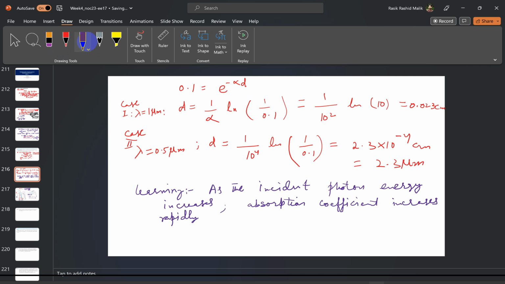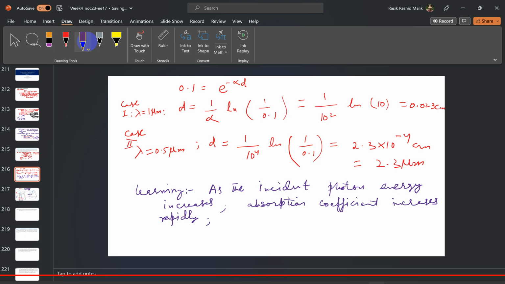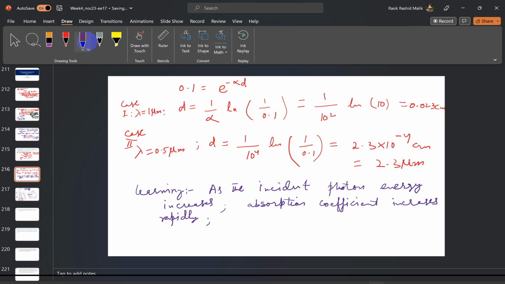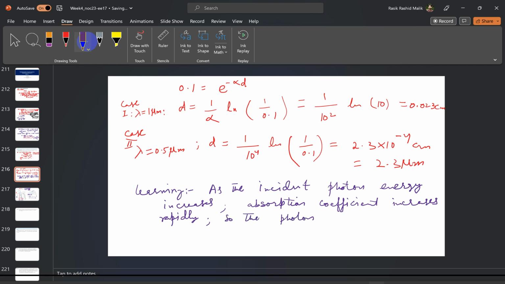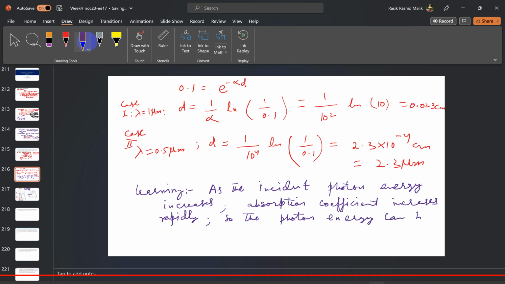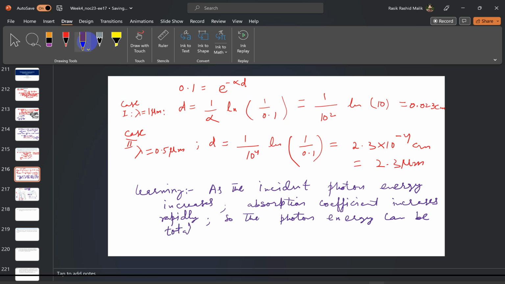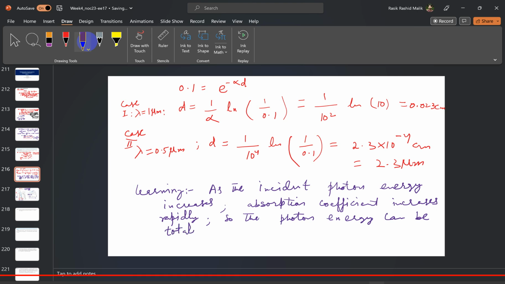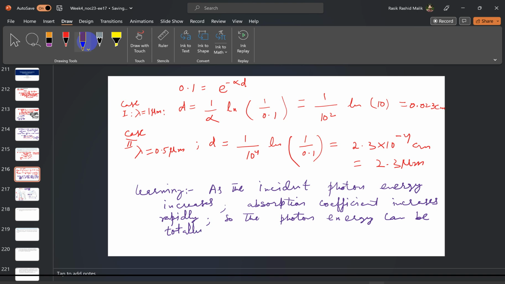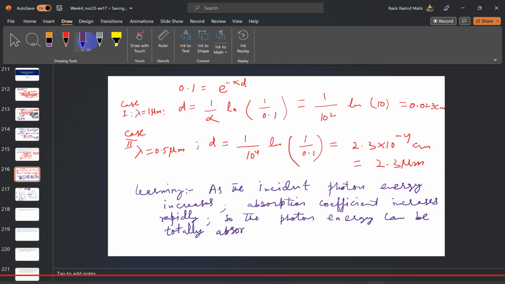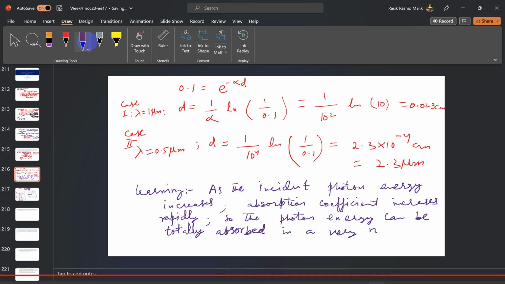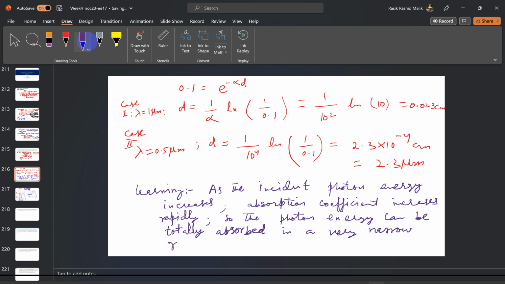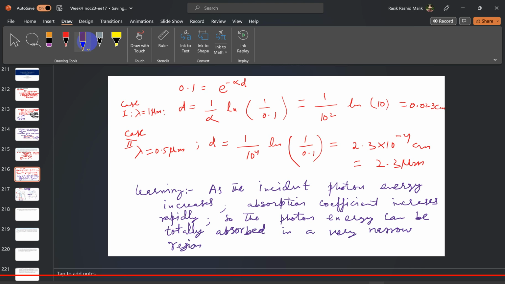And if it increases rapidly, the photon energy can be totally absorbed in a very narrow region at the surface of the semiconductor.